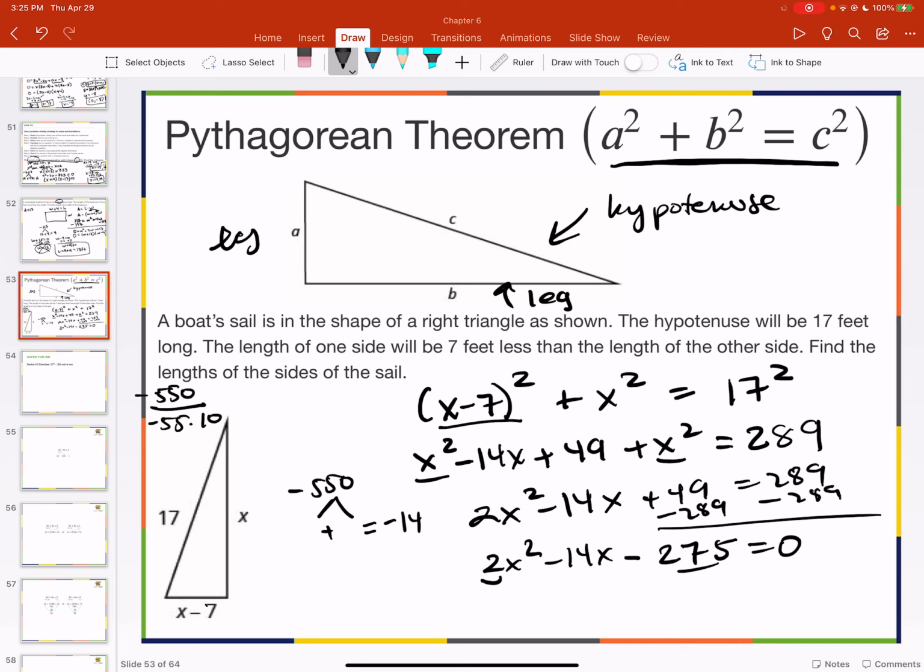That's probably too large. 550 divided by 11, what's the difference? Nope, that's too much. What else can go into 550? 550 divided by 50 is 11. We just did that.